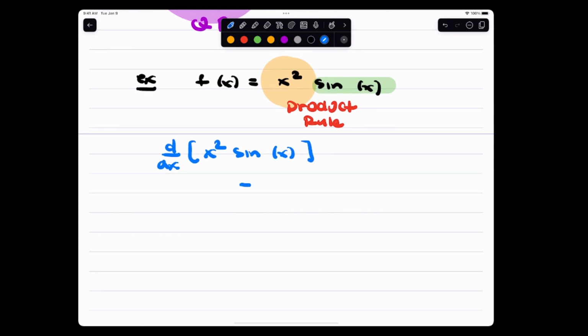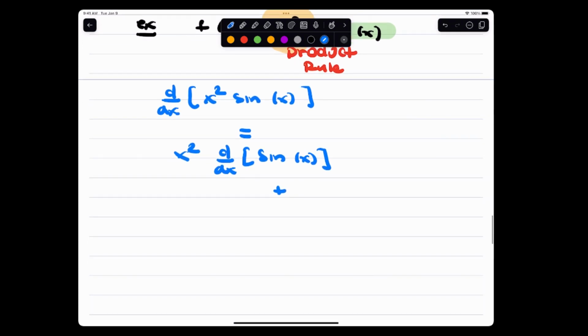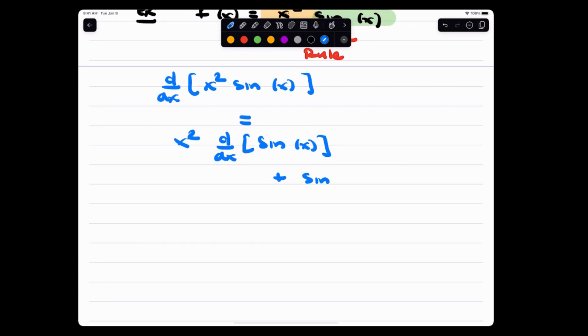Okay, so you say, what do you mean? Well, what's the derivative of a product? You pull out the first function and you differentiate the second function, okay? And then you add, but you do the reverse. Pull out the second function, differentiate the first.